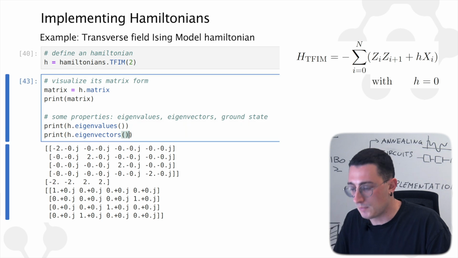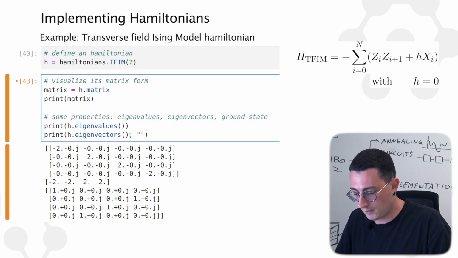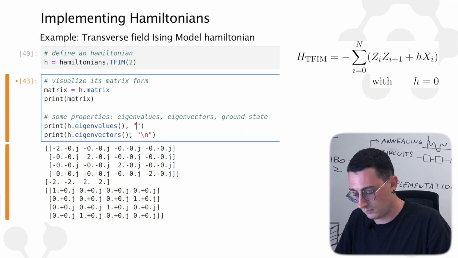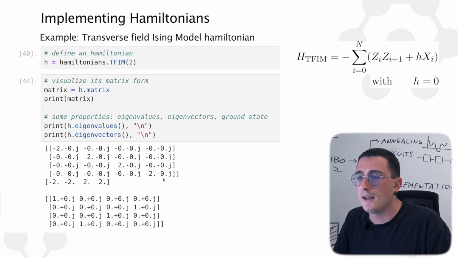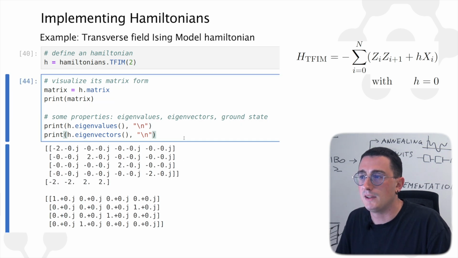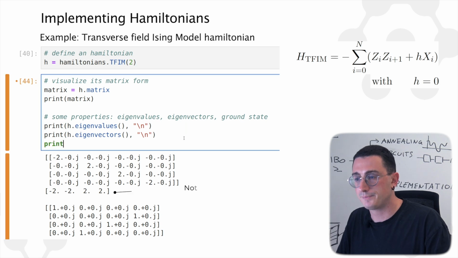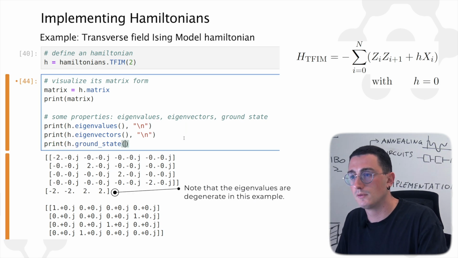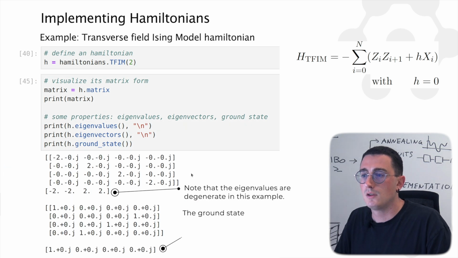Let me make some space here to visualize it better. And then we can, for example, print the ground state. So print H.ground_state, which is this one.